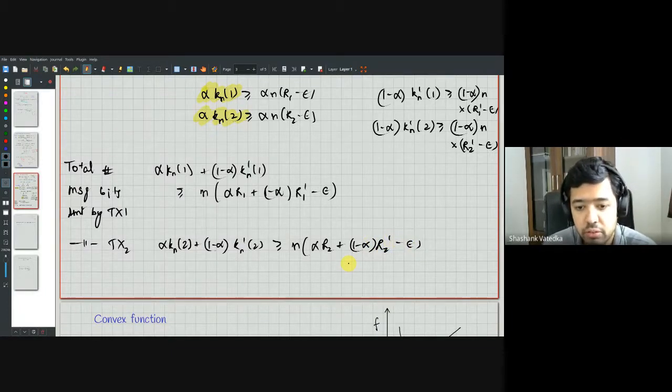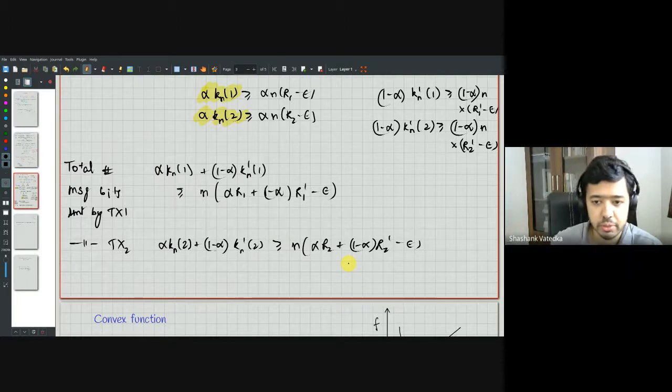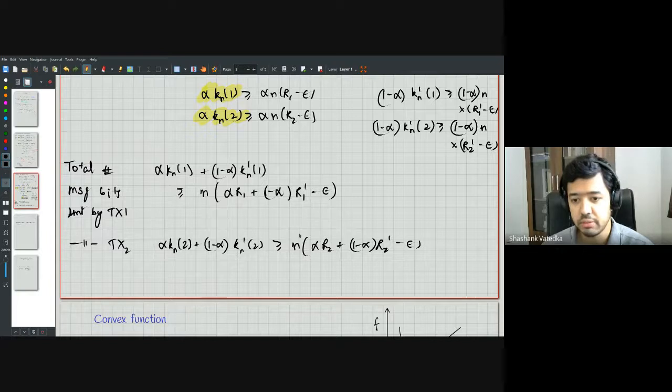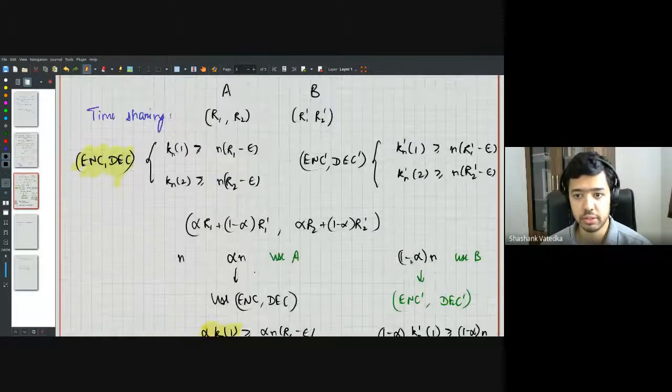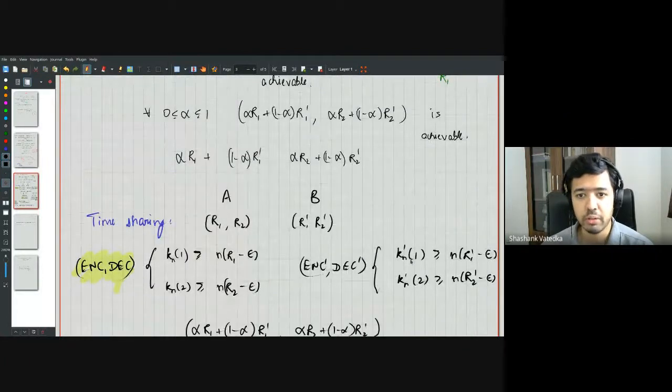This holds for every epsilon greater than 0, and therefore the rate that you can achieve is at least alpha R1 plus (1 minus alpha) R1' and alpha R2 plus (1 minus alpha) R2'. Okay, so this much is fine, but there is one more tiny detail that is missing over here.